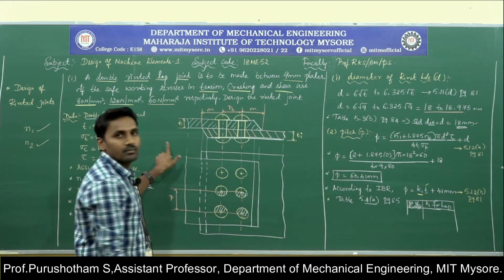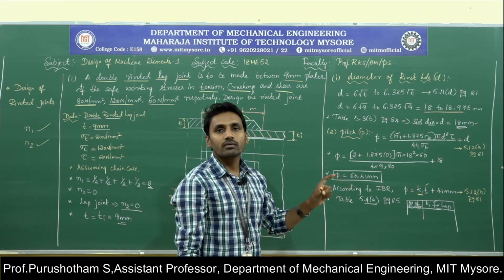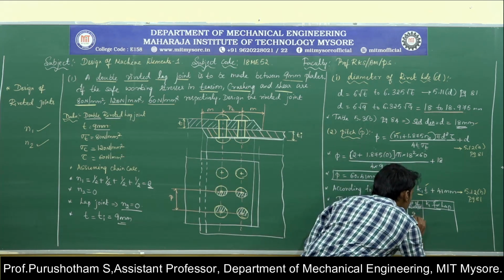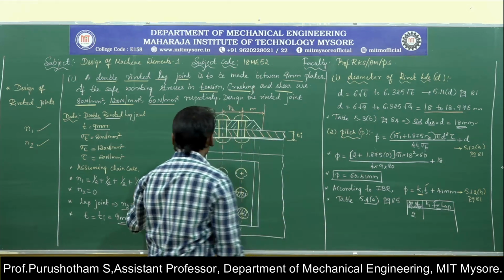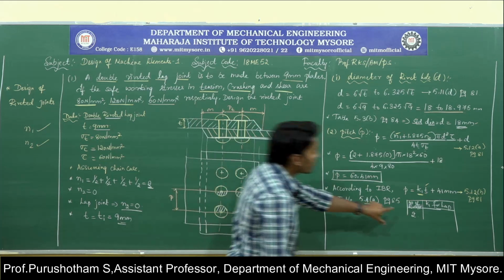For this case, that is a double riveted lap joint, it is equal to 2. That is nothing but the value of N1, the number of rivets per pitch, which is equal to 2.